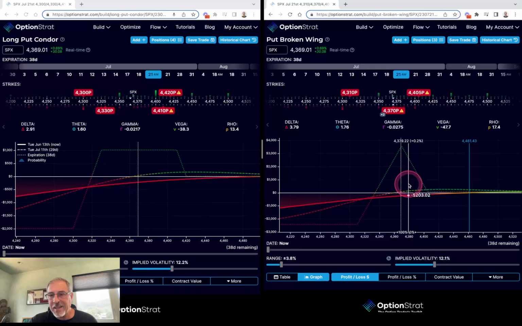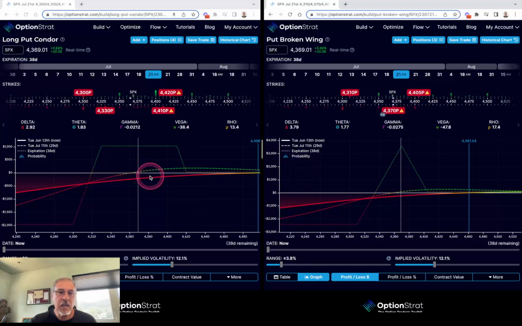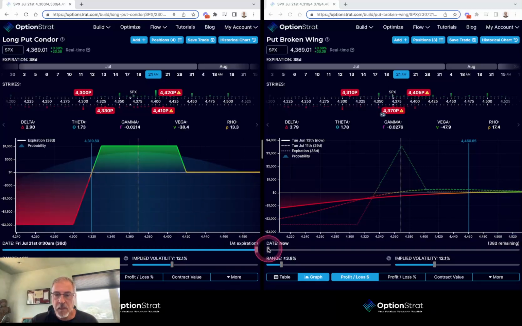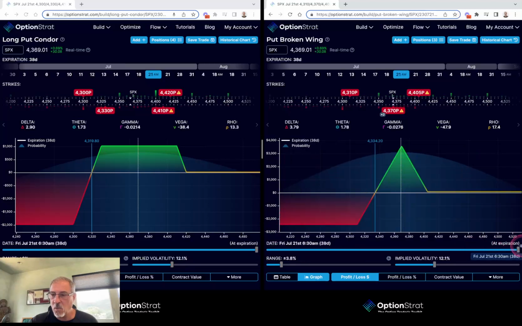And so that's really all that means in this particular case: one of them has a slightly more bullish tilt. The one with a little more positive delta has a slightly more bullish tilt, but again, not significant by any stretch of the imagination. So that is largely the difference between these two when I configure them as close to the same as I can.